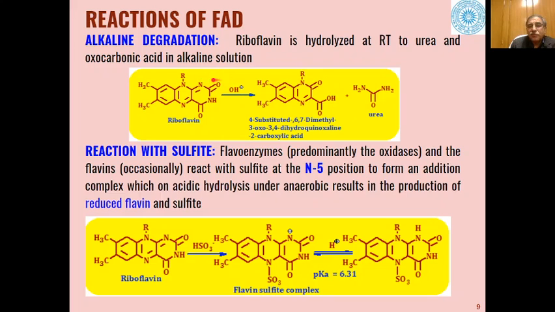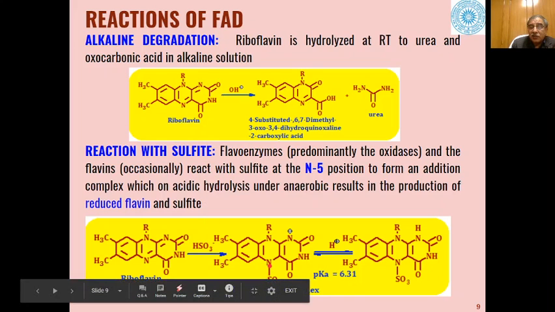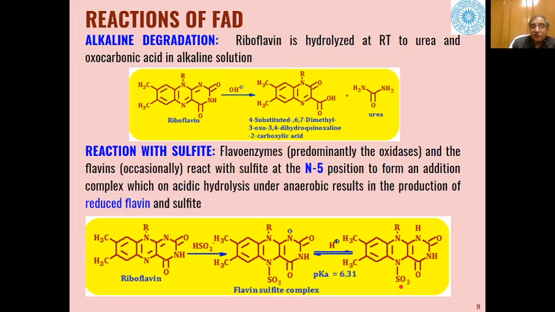So urea is removed with the breaking of this ring, and we will get 4 substituted 6,7 dimethyl 3-oxo 3,4 dihydroquinoxaline 2 carboxylic acid and urea as the product when riboflavin is hydrolyzed at room temperature. Similarly, riboflavin reacts with sulfite, and the reaction takes place at nitrogen 5. Nitrogen 5 sulfite is formed on reaction with riboflavin.